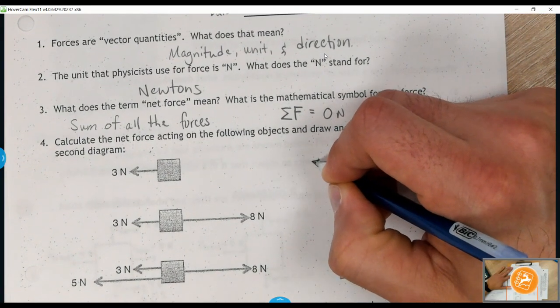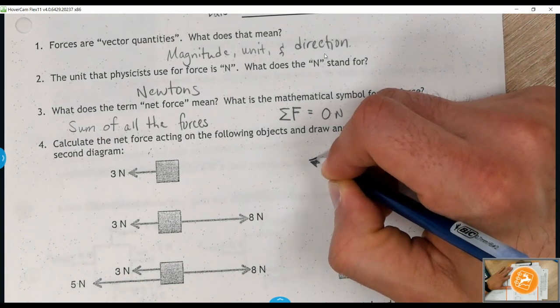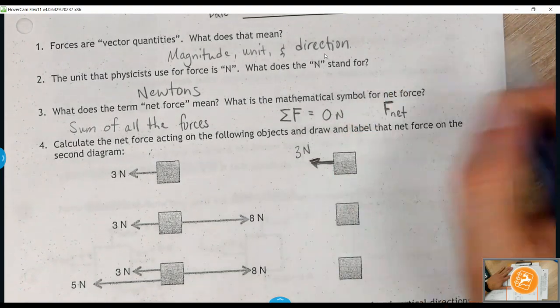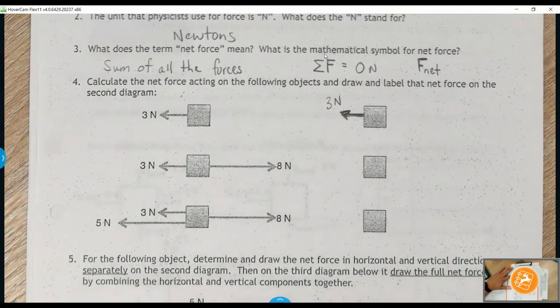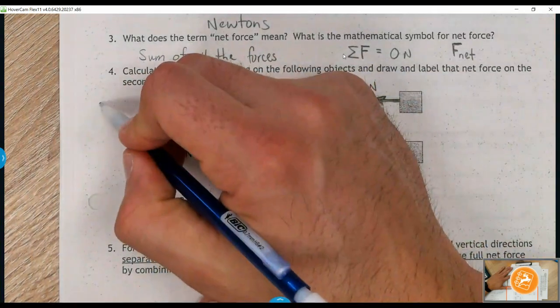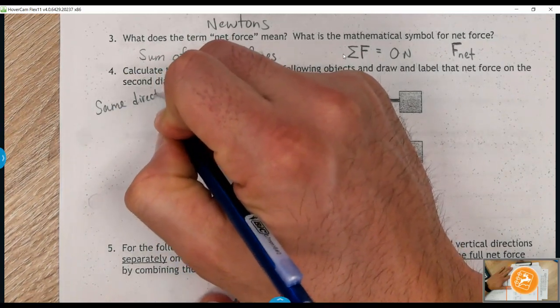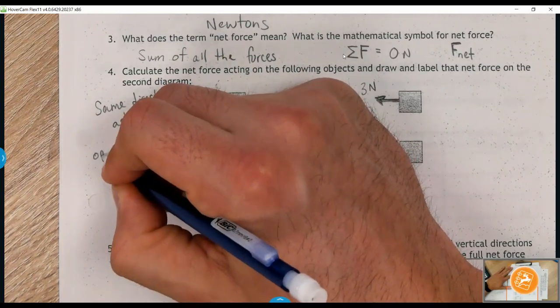Your motion is going to change. If F net is greater than 0, your motion is going to change. So we would just say, okay, 3 newtons to the left. That is our net force. If we don't remember, same direction, what do we do with them? Add.